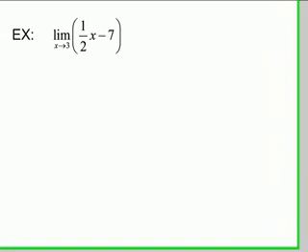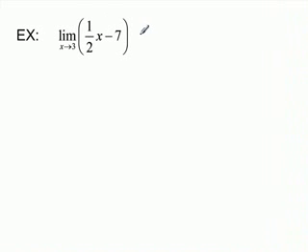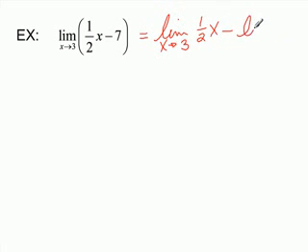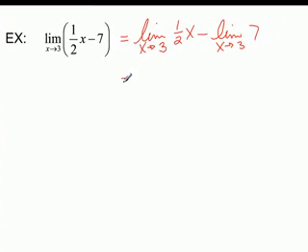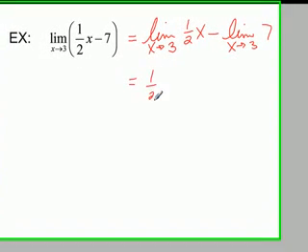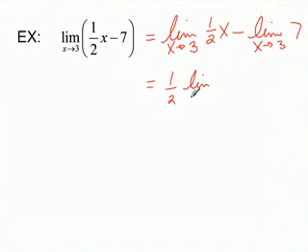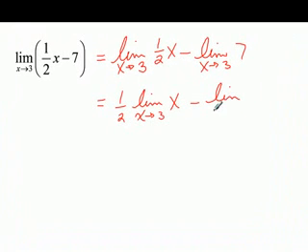So looking at this limit two different ways. If I apply the limit rules, the first thing I see is a difference. So I would break this down to be the limit as x approaches 3 of the term 1/2 x minus the limit as x approaches 3 of the term 7. Then my first limit has a constant, so I can pull the constant out in front and look at 1/2 times the limit as x approaches 3 of x, minus, and I just bring down the other limit.